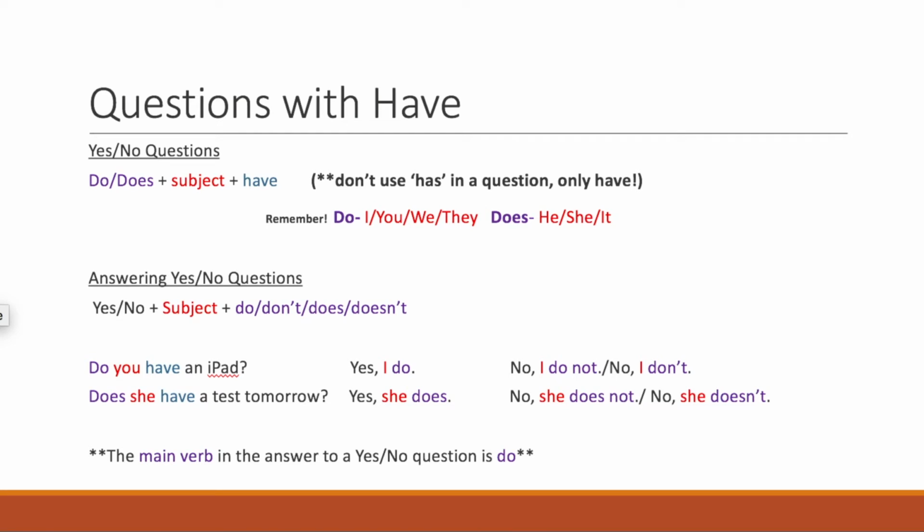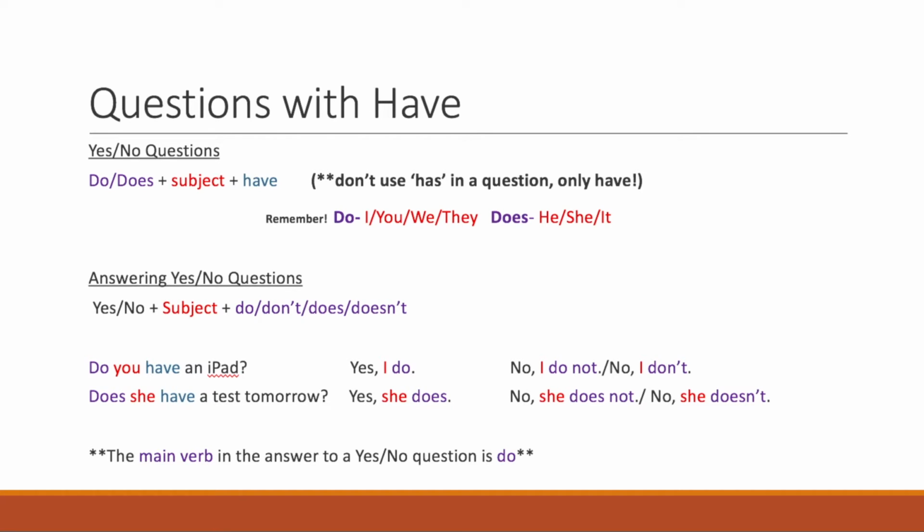For questions with have, specifically with yes or no questions, you'll need to use the helping verb do. We change the helping verb do according to the subject. The question format for yes or no questions with have is as follows: do or does plus subject plus have. Again, in a question, we do not change have. It will always be have, never has.